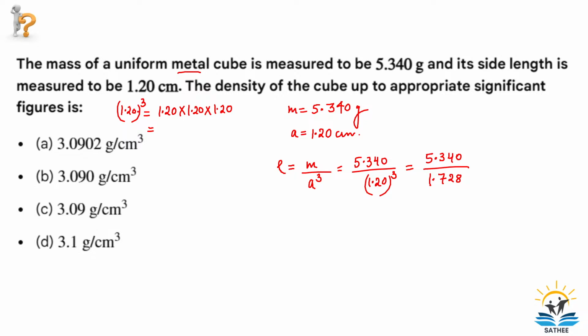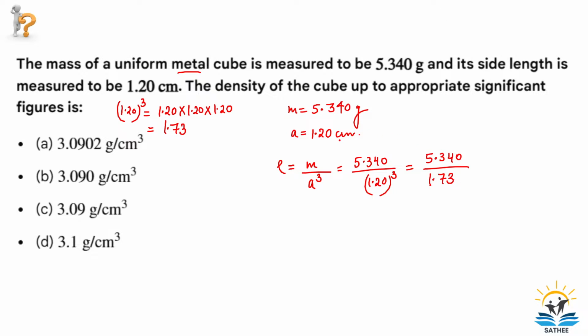How many significant figures are there in 1.20? 3 significant figures. So we should keep only 3 significant figures. So round off this 1.728. It would be 1.73 after rounding off, three significant figures. Now there is division: 5.340 divided by 1.73.